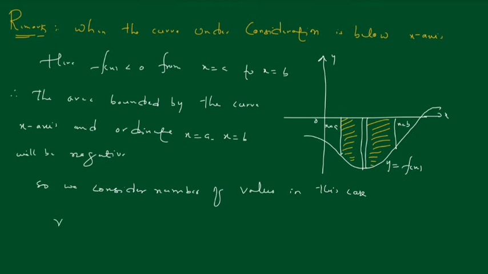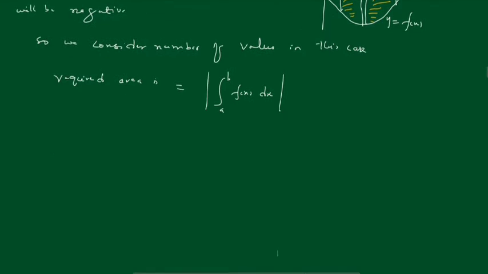The required area is mod integration a to b of f of x dx, taking the absolute value here, right? The values are negative, so we are taking mod for that. So the required area is mod integration a to b of f of x dx.